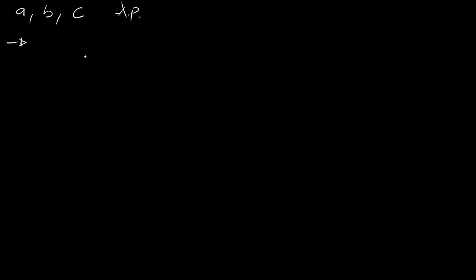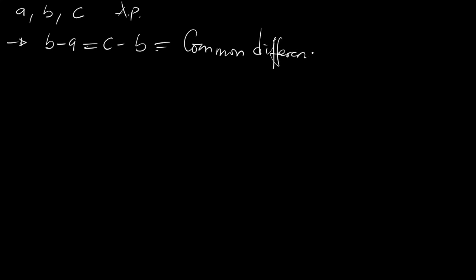Now, that means that B minus A will be equal to C minus B. So this is what we call the common difference, since they are in arithmetic progression form.